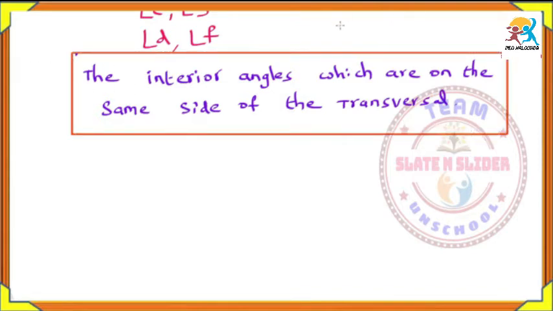So the angles which are on the same side of the transversal and they should be interior. In the corresponding angles, here one angle is interior and another angle is exterior, and the two angles should be on the same side of the transversal. In the alternate angles, the two angles should be interior, but the two angles should be on either side of the transversal.